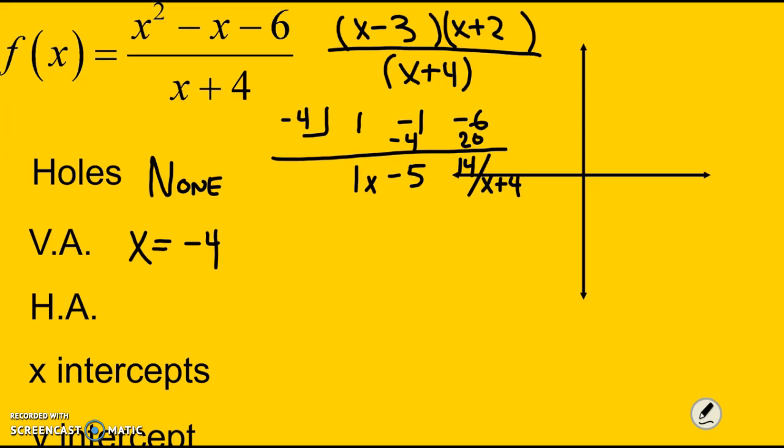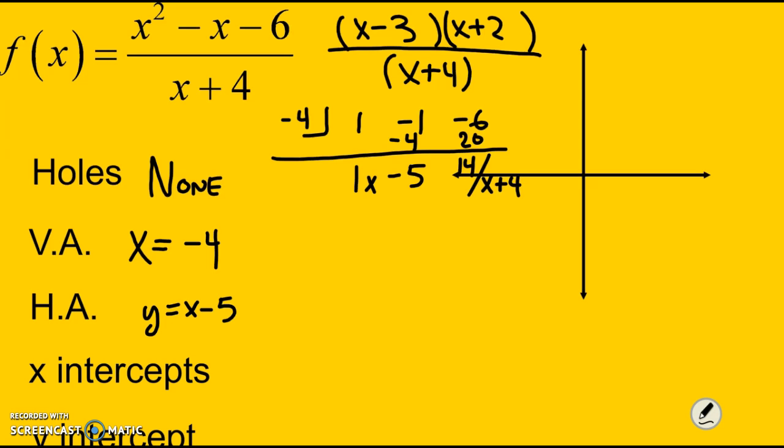So the horizontal asymptote is going to be the quotient of that numerator divided by the denominator, which is y equals x minus 5. It's the linear, it's the line x minus 5.